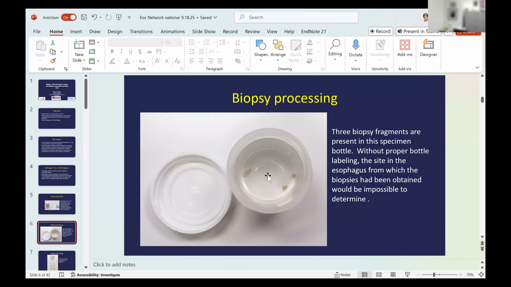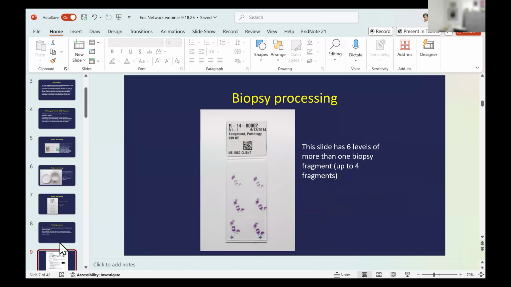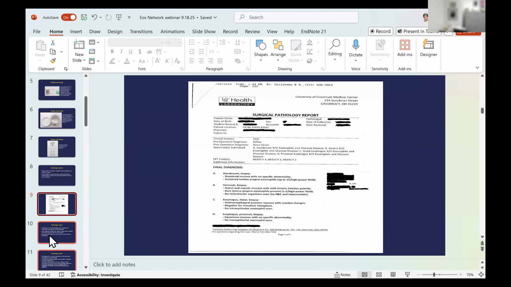They are translucent, they are very pliable, they're very thin, and they're easy to miss, actually, in these containers. This is either stomach or colon, but there are 3 separate pieces here, and each of these will be removed from the container and put into its own paraffin block eventually, and its own slide.